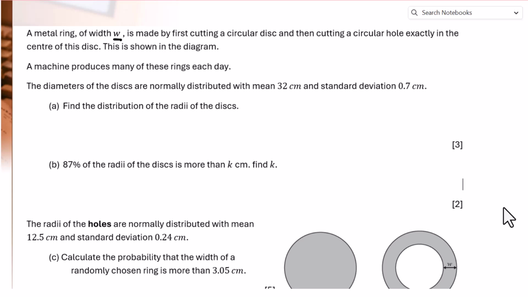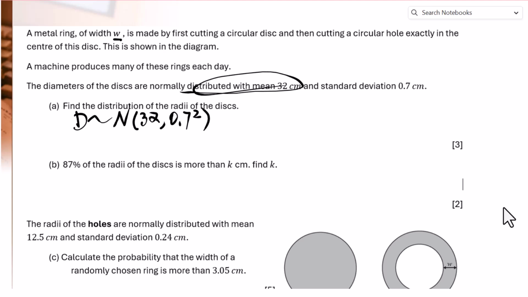The diameter of the discs are normally distributed with the mean 32 centimeters and a standard deviation 0.7 centimeters. We need to define this variable. D follows normal distribution with the mean 32, standard deviation 0.7.